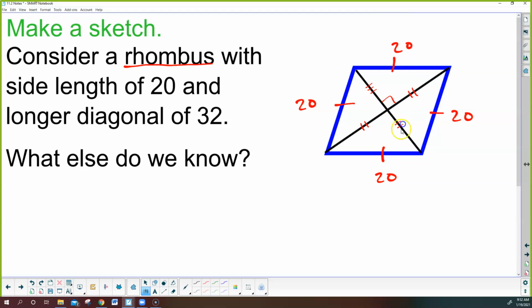I'm going to cut this into equal pieces, and then let's put the actual lengths that we know. So if the longer diagonal is 32, and if I cut 32 in half, that's 16 and 16.